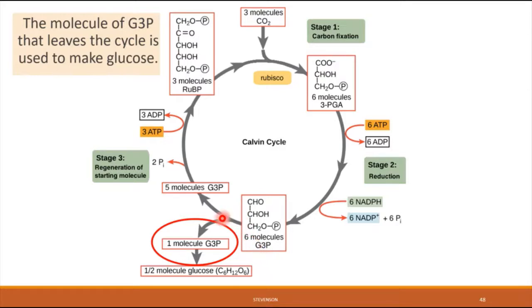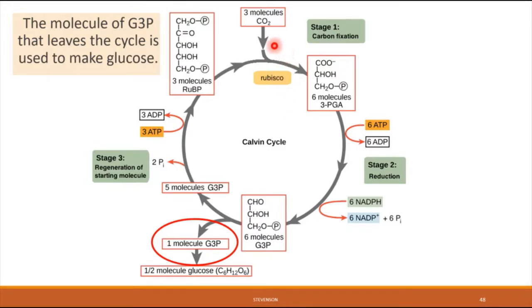But as we said, 1 molecule gets to leave the cycle. One is siphoned off in order to make glucose. And it turns out that a G3P is precisely 1/2 of a glucose molecule. In order to make a full glucose molecule, you need to collect 2 G3Ps, or in other words, 2 full runs through the cycle.